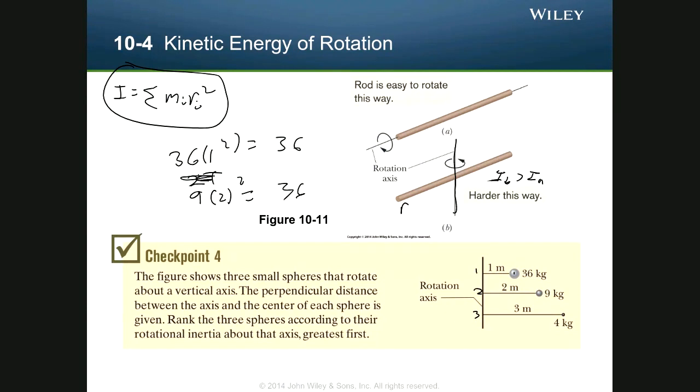So the mass here is 4 kilograms, right? And that's going to be times the distance, which is what gets squared. That's going to be times 9. And you'll notice that again is 36. There we go. Now I'm not going crazy. It's m times r squared.